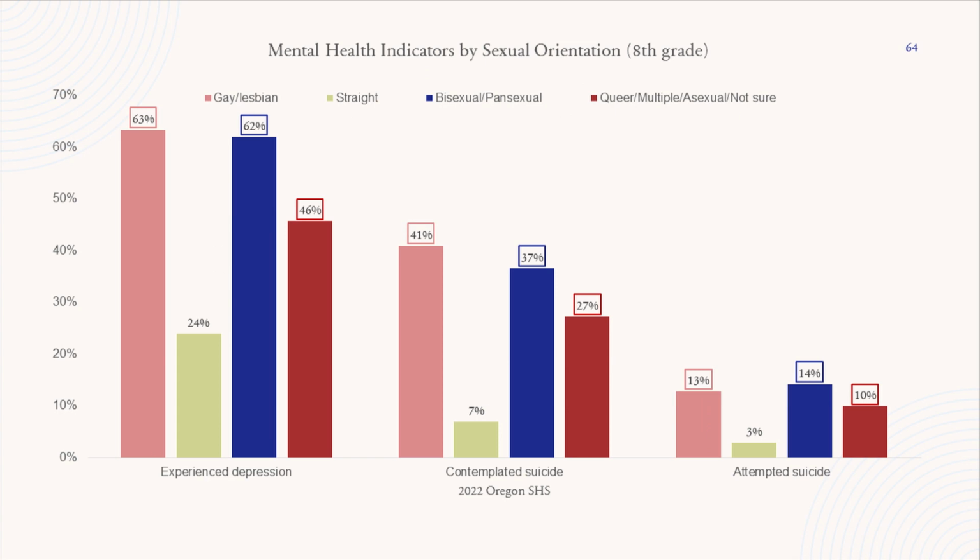For mental health indicators by sexual orientation among 8th graders, we see that youth who identify within the LGBTQ2SIA plus community experience higher rates of depression, suicidal contemplation, and attempted suicide.